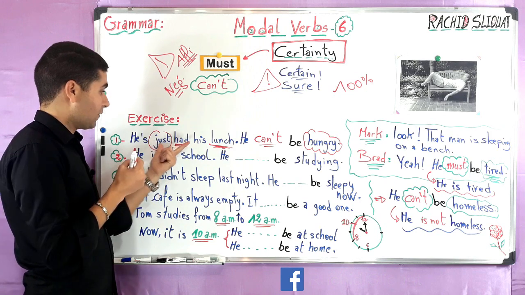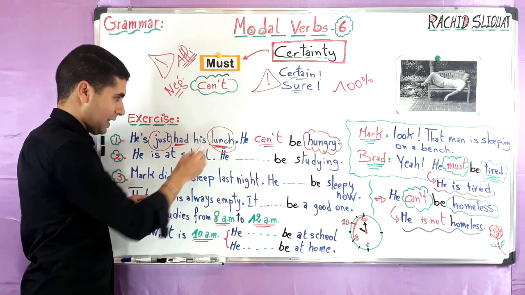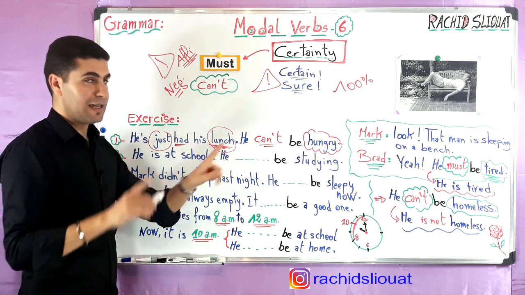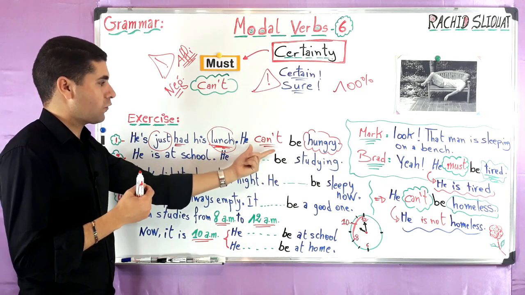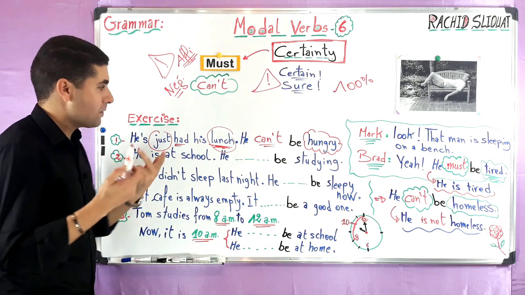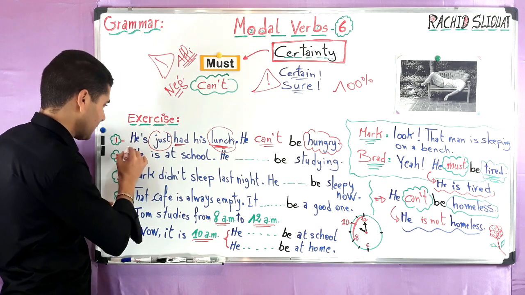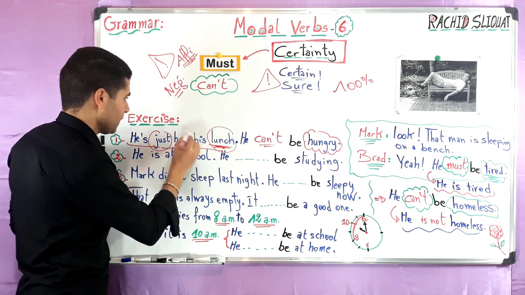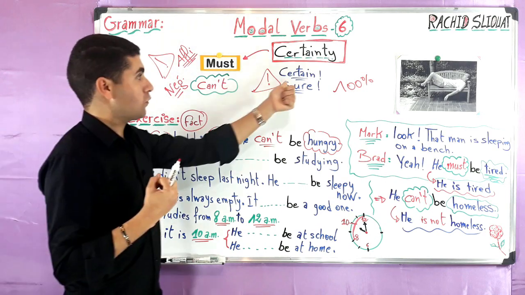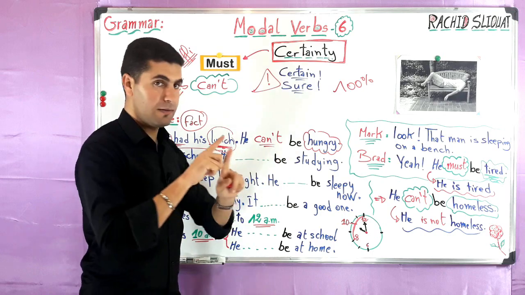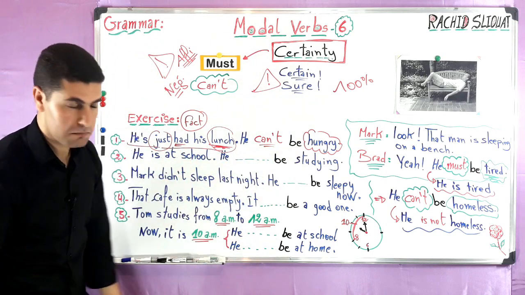Very simply because he has just had his lunch. So we are sure he is not hungry, very simply because here we have a fact. This fact makes us sure and certain he can't be hungry.